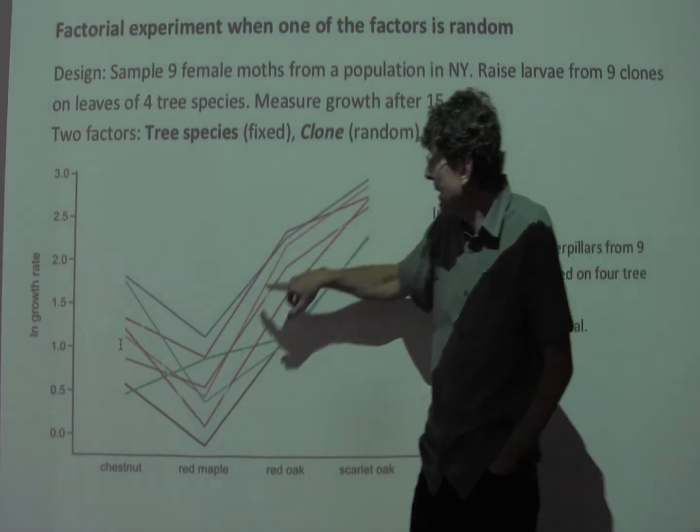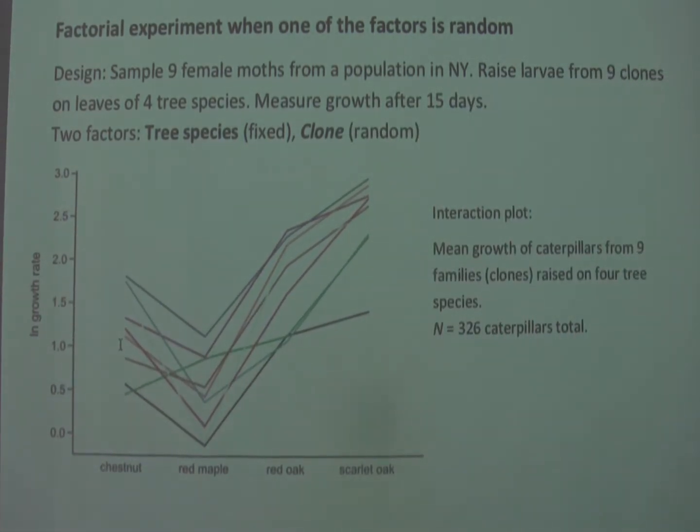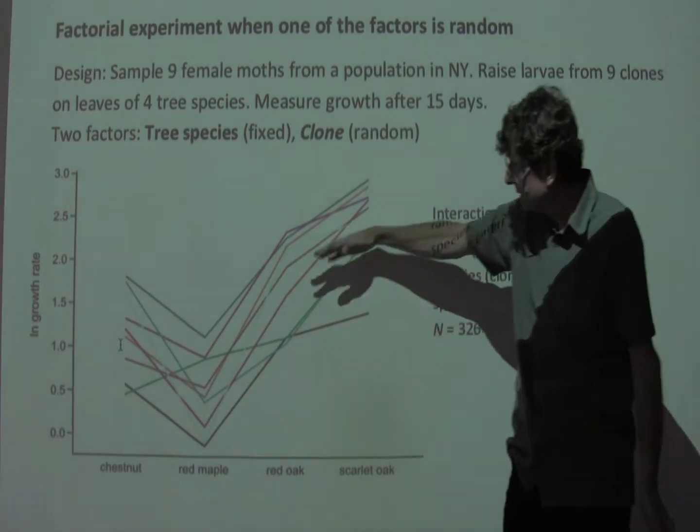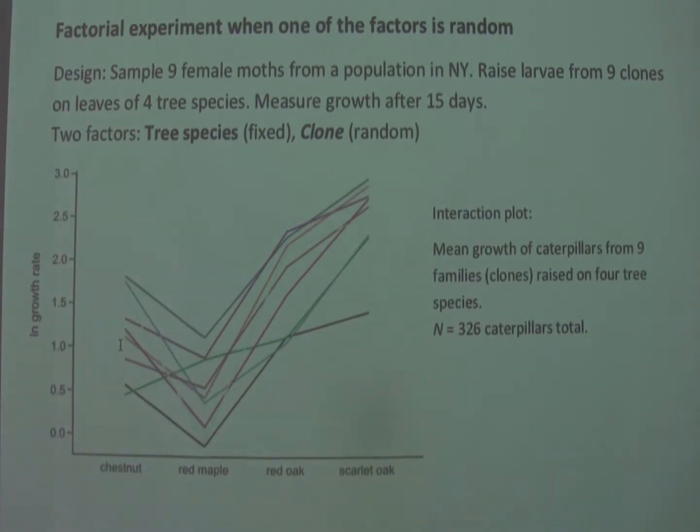We're looking at the mean of a particular clonal group on those 4 different tree species. So every clone was tested on every species. And just by looking at the graph, we can see that there is some variation in the growth rates of different clones on those 4 species.